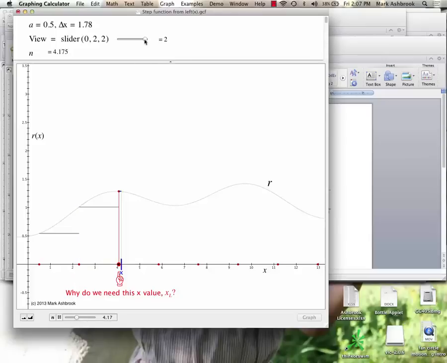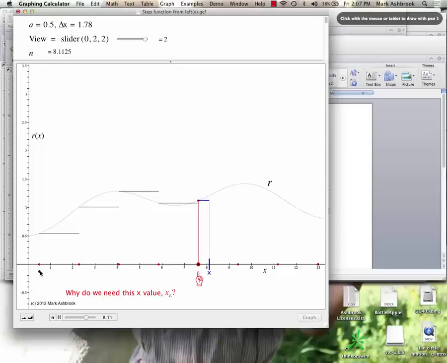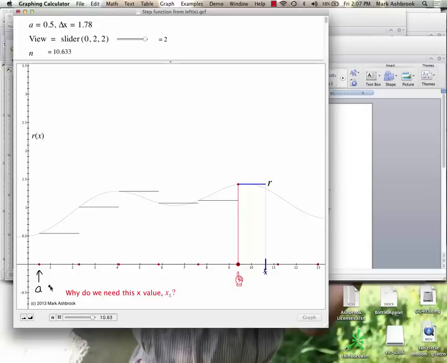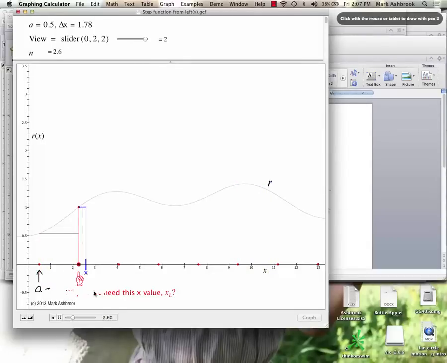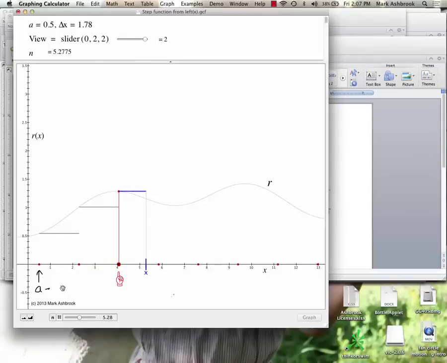Okay, so here I am. This right here is what we usually label A, the starting value of x.